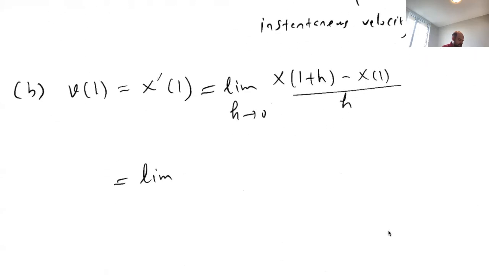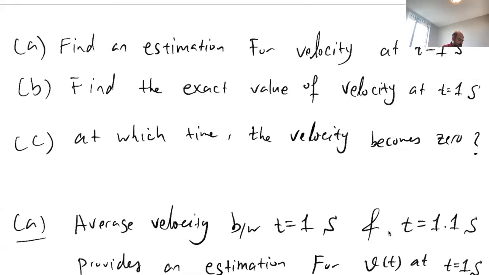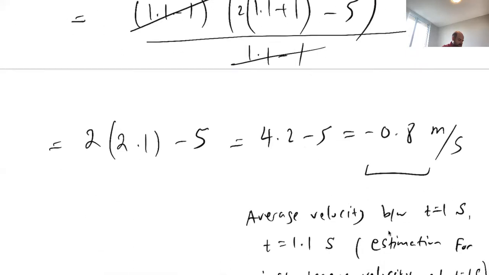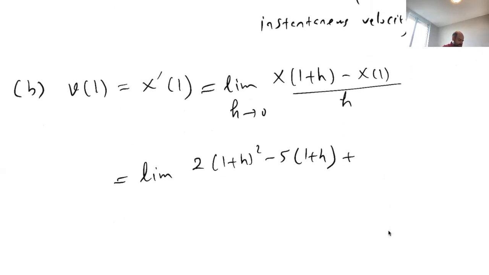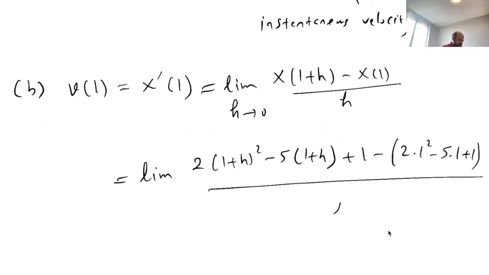I'm going to get 2 times 1 plus h squared minus 5 times 1 plus h plus 1, minus 2 times 1 squared minus 5 times 1 plus 1, divided by h, as h approaches 0.